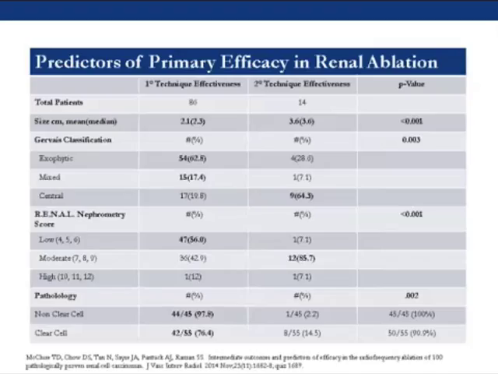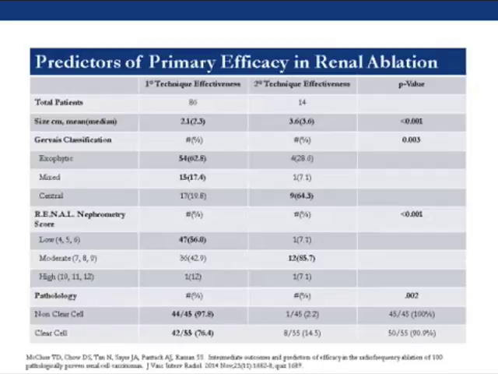Well, at UCLA, I worked with the radiologists, obviously, and we looked at predictors for efficacy with regards to renal ablation, trying to see if there's ways we can predict what patients could be treated efficaciously with a single treatment compared to needing more than one treatment. And what we showed, as previous studies have demonstrated, was that lesion size, so tumors less than 3 centimeters, are more likely to be treated in a single session.